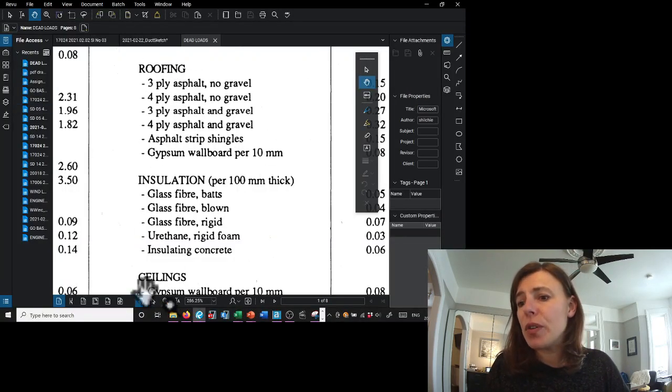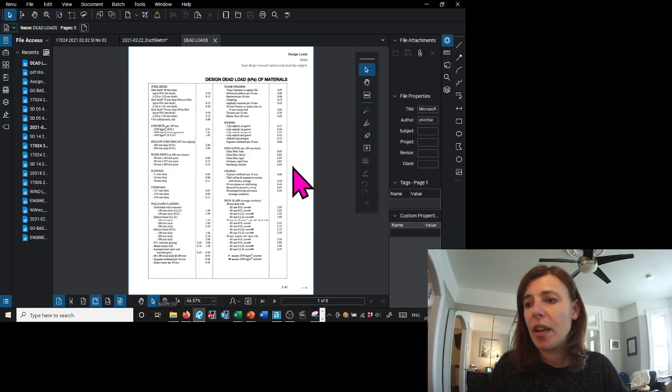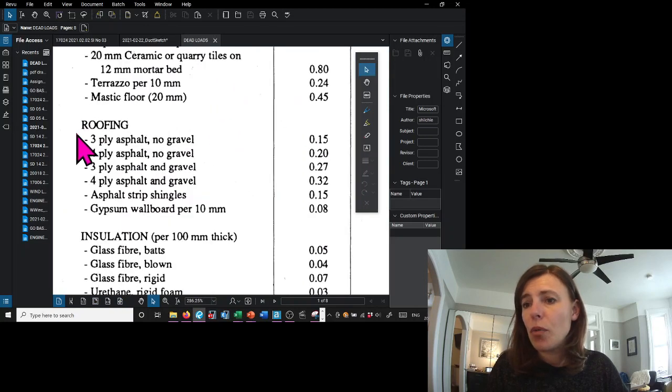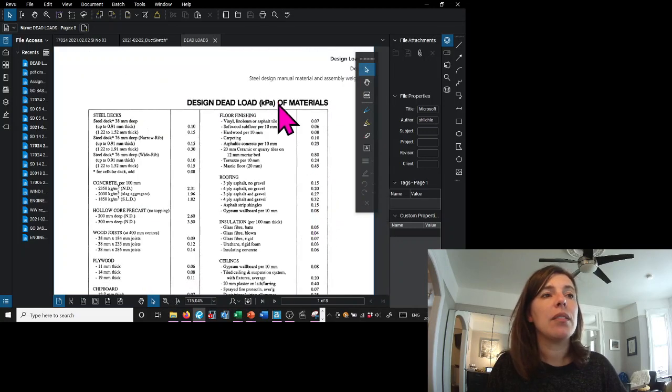The very first thing that it said was roofing. We have 4-ply with gravel. So let's come over here to roofing and zoom in. Roofing, 4-ply, no gravel, but we had 4-ply with gravel. So 4-ply asphalt and gravel, 0.32, and it looks like everything in this is in kPa.